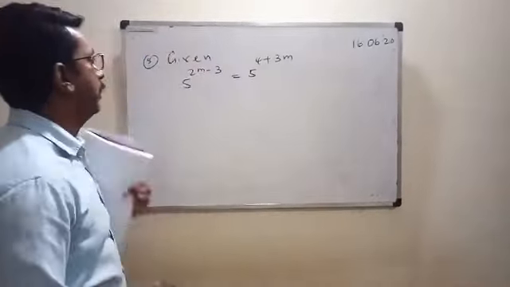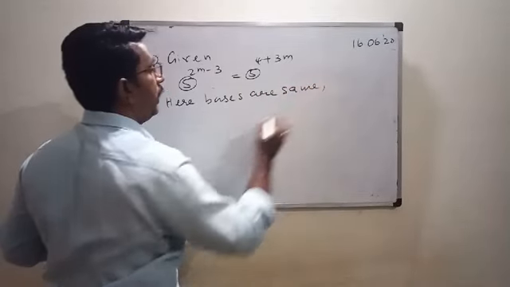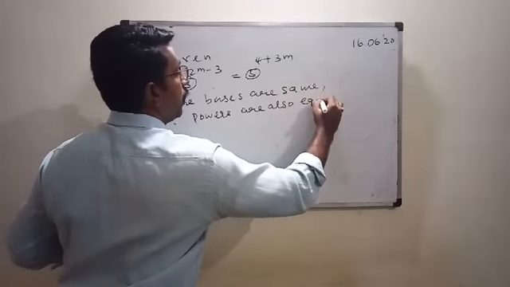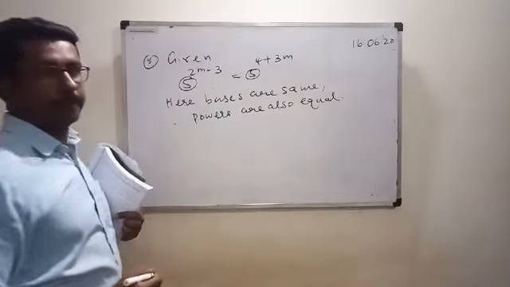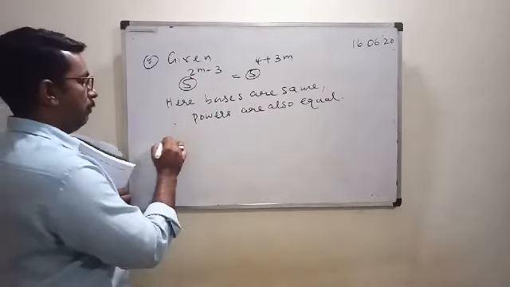So here bases are same. Therefore, powers are also equal. Understood? That implies 2m minus 3 is equal to 4 plus 3m.